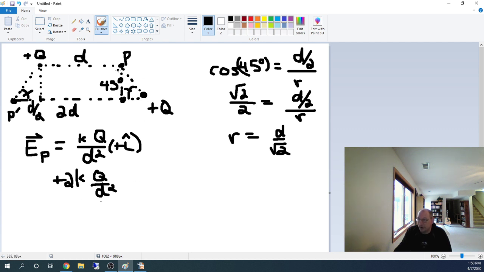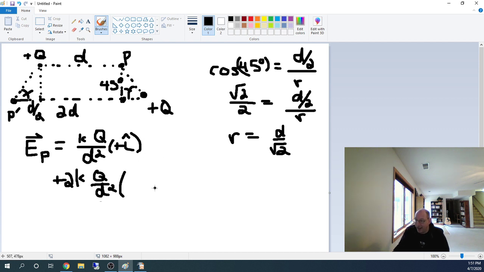What is the direction that's associated with this? Well, this is a 45-degree angle there. So I know that the i hat and the j hat components are equal to one another. They're the cosine of 45 and the sine of 45 respectively. Each of those has an amount of square root of 2 over 2.